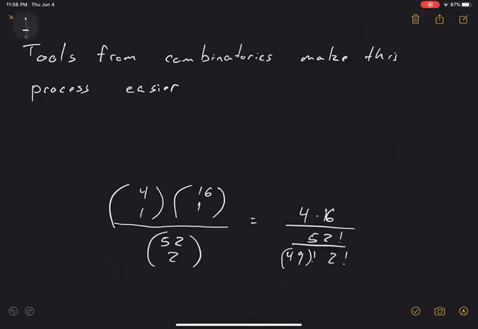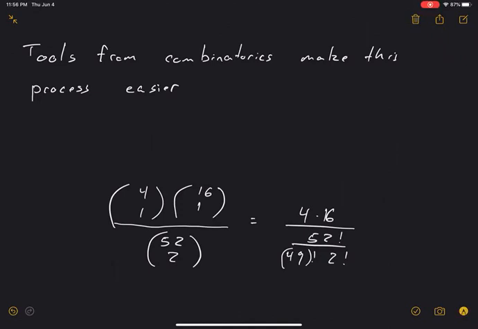How many ways are there to choose one ace? Well, there are 4 possible aces, so there are 4 choose 1 ways to choose an ace from that set of 4 aces.